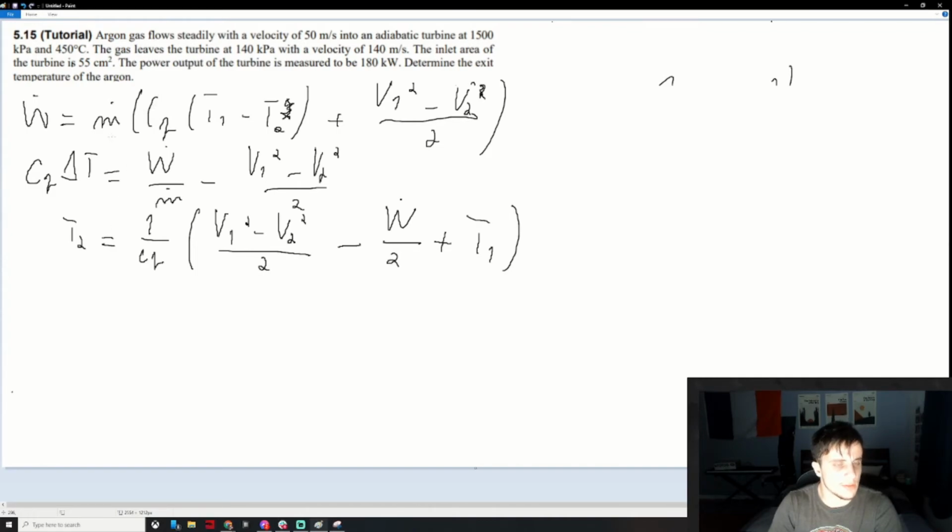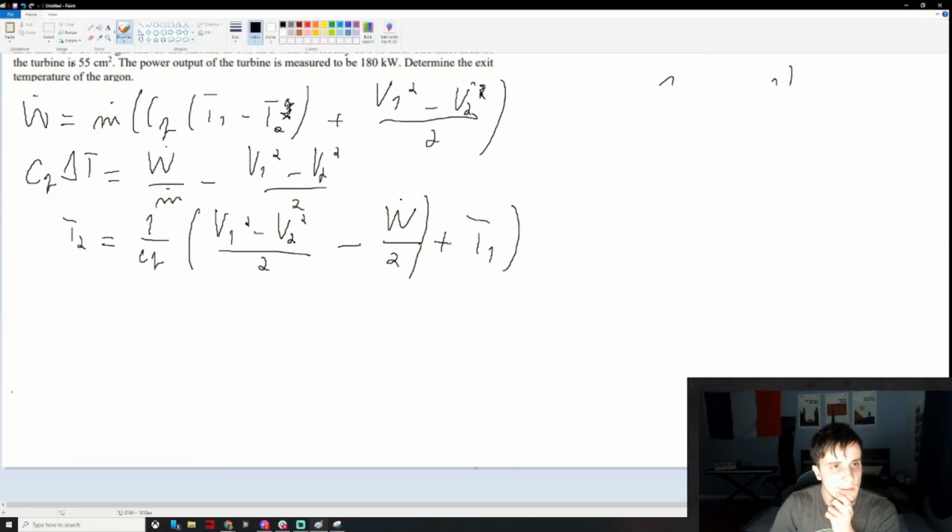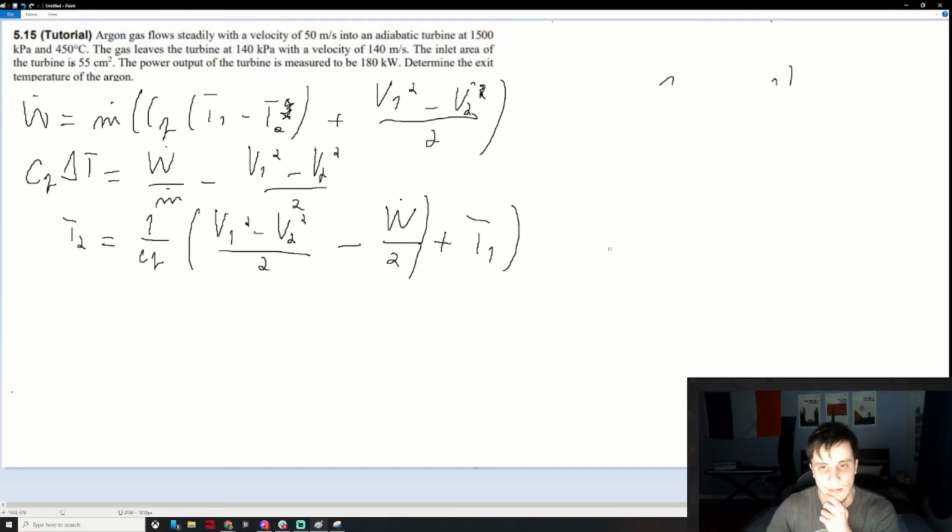Okay, let me just go through it again. So yeah, W dot divided by M dot. Okay, so that removes the parentheses. Put the kinetic energy on the other side, becomes negative, so we get this. Then we're left with CP times (T1 minus T2). Oh wait, yep, I'm wrong. Like this. And then this is removed.